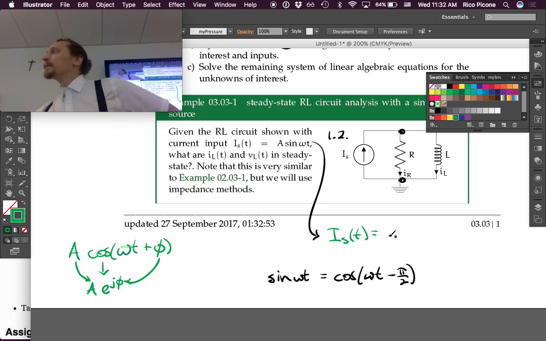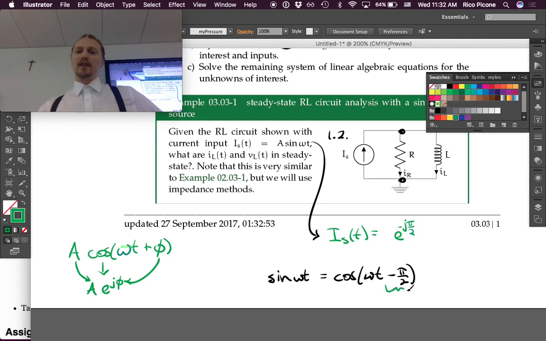E to the negative j pi over 2. So you use this phase, and you put it in the exponent of e next to the j. Very good. Is there anything out front? Well, wouldn't it just be A then? Yeah, just A. We happen to use the same A here.